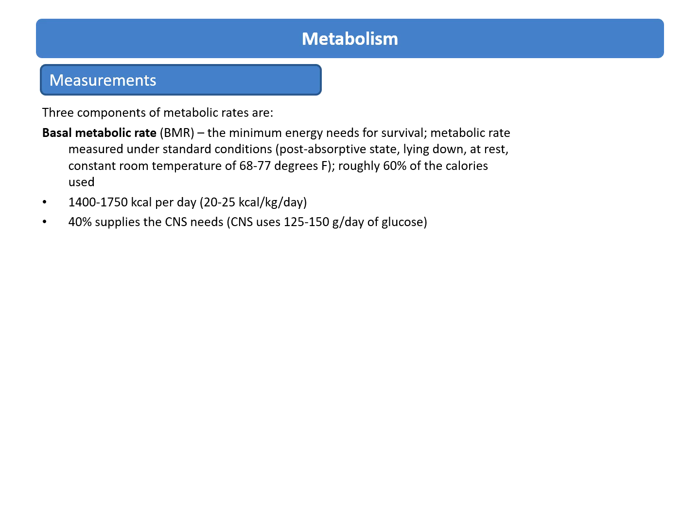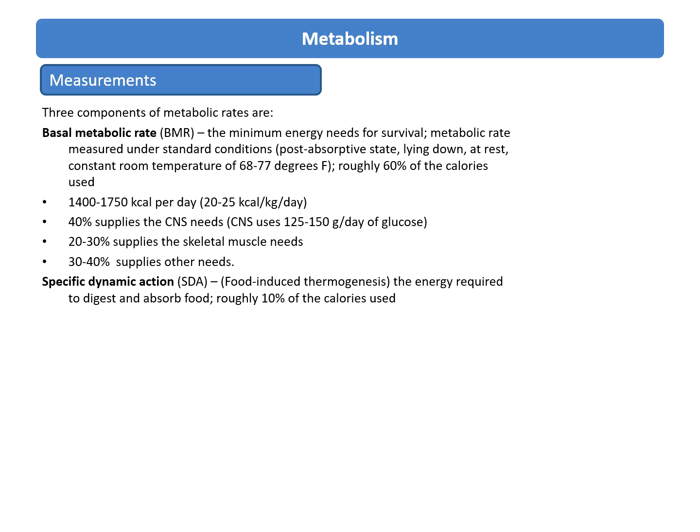40% supplies the central nervous system needs. The central nervous system uses something like 125 to 150 grams per day of glucose. 20 to 30% of the basal metabolic rate supplies the skeletal muscle needs. 30 to 40% supplies the other needs of the body.